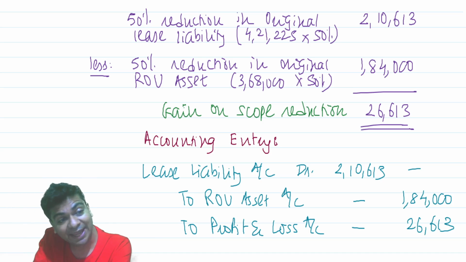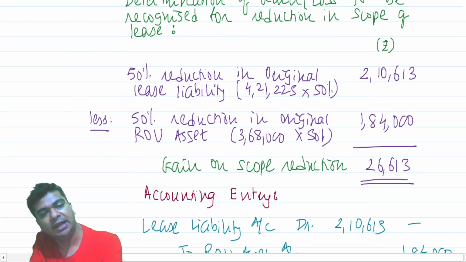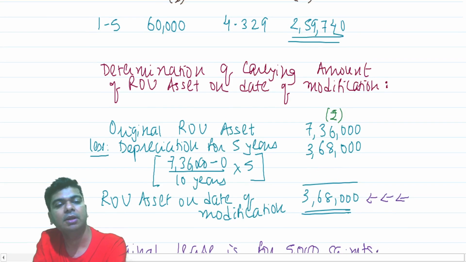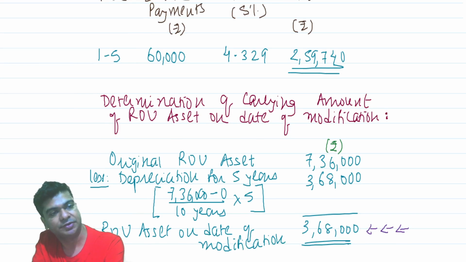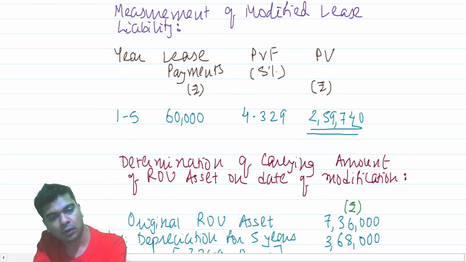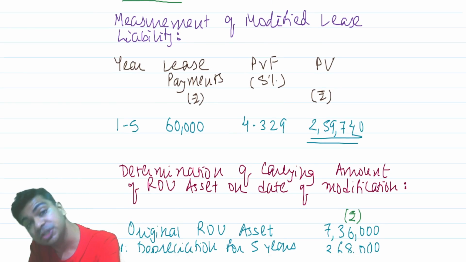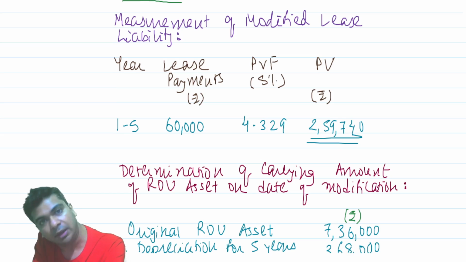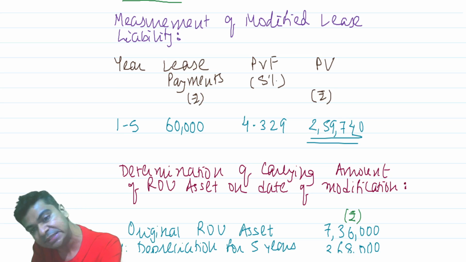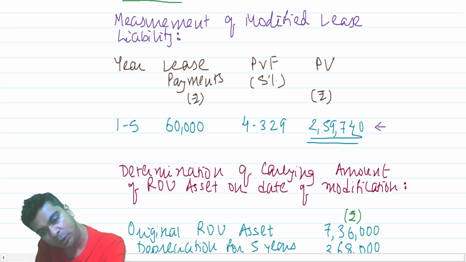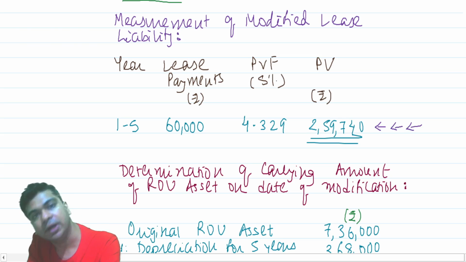However, it is still not the end. The lease liability still needs to be modified. See, we have calculated the modified lease liability. Here it is. What has happened is now your new lease rent is 60,000. Whatever adjustments you have done were for the original lease terms. But the revised term is that now you are going to pay 60,000 rupees. So the liability in your books should now be 2,59,740.